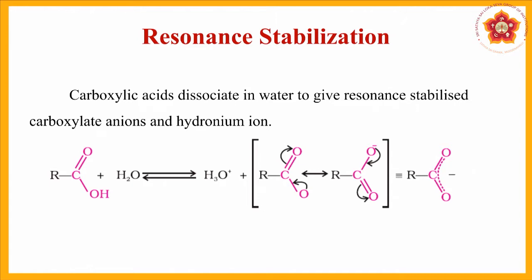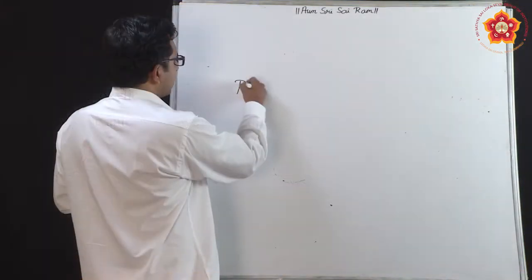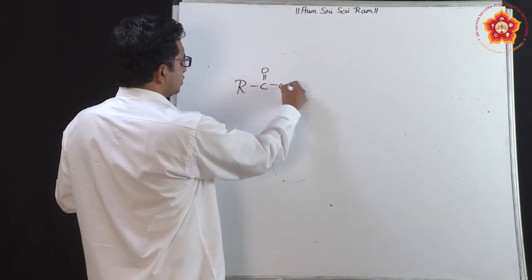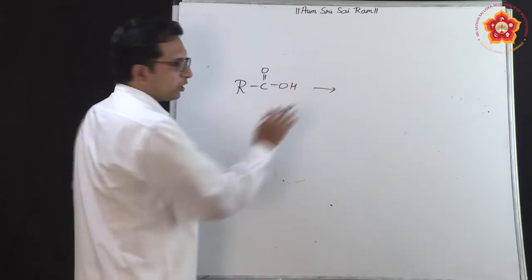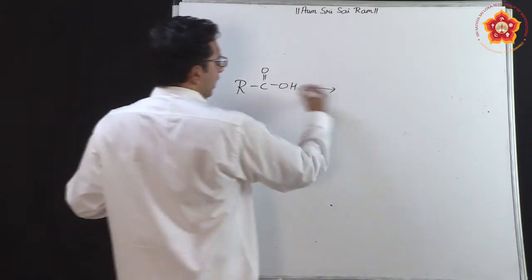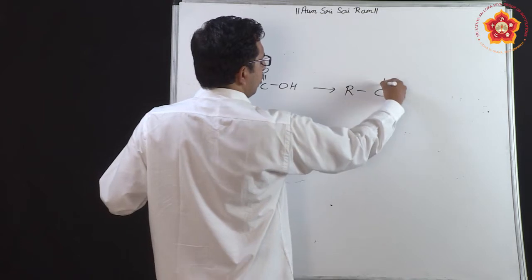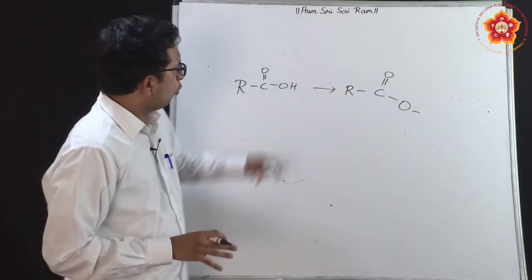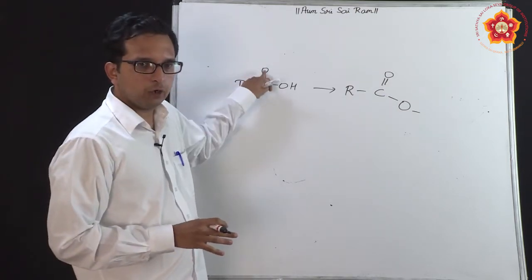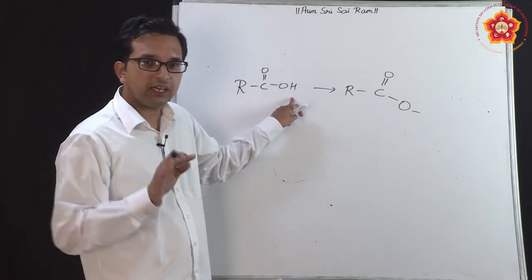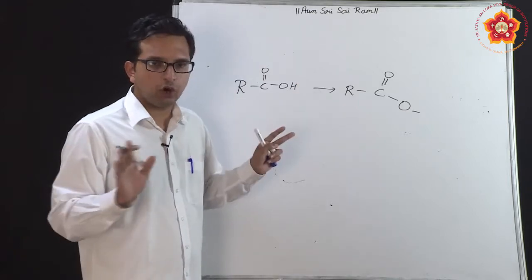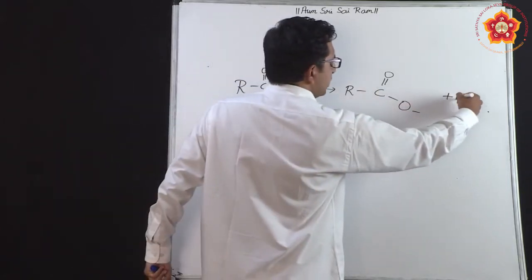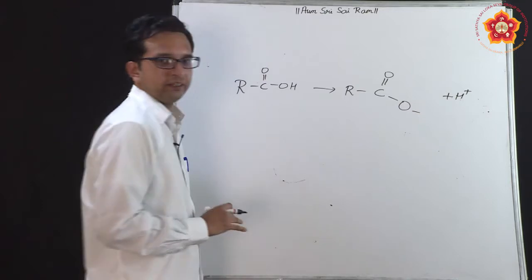So, what happens once you cut the OH bond? What happens to the ion which has been formed? This carboxylic acid, RCOOH, the moment you remove the hydrogen atom, tends to form RCOO minus, where one oxygen has a C double bond O, and this side is C single bond O, but because hydrogen has gone out as H plus, it forms RCOO minus.